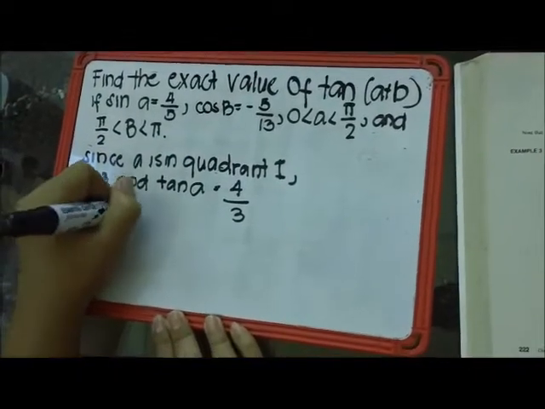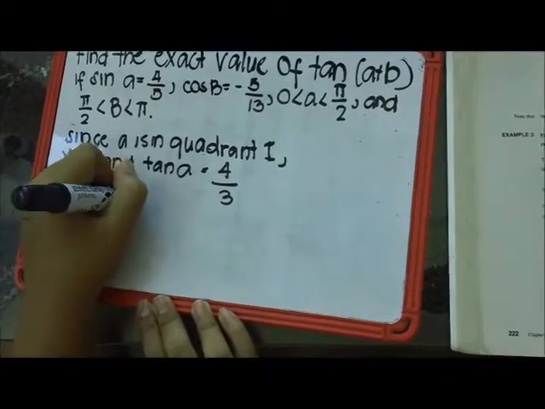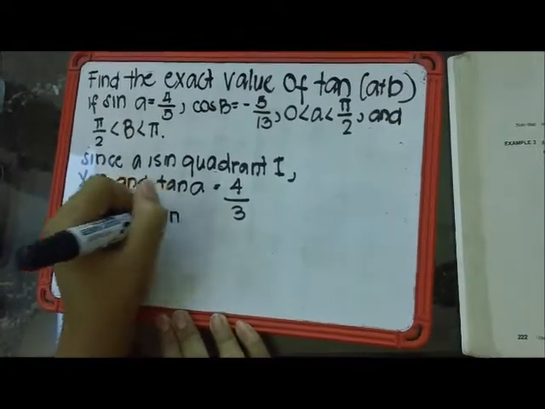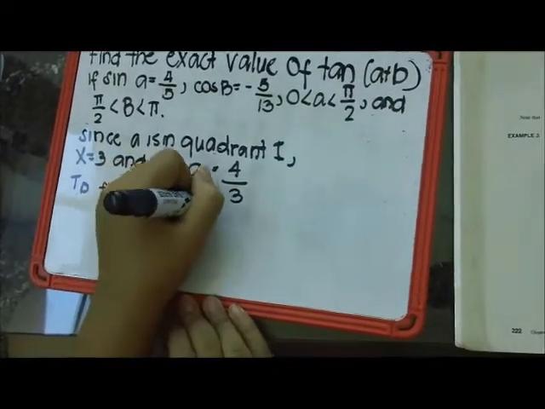To find tangent B, note that cosine B is equal to negative 5 over 13, and B is in the second quadrant.